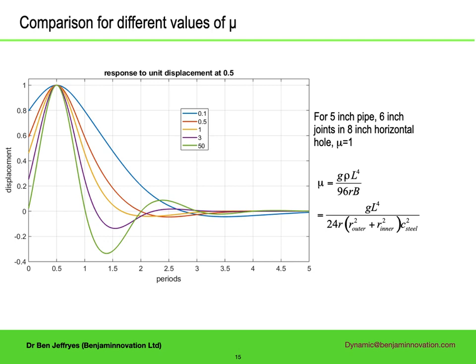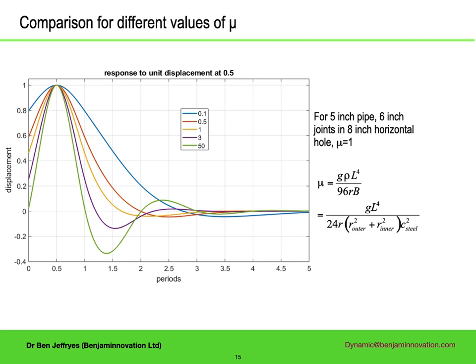As mu increases, the amount of deflection at the first touch point, and then in each span, decreases, until we reach a mu of 3, which is a minimum. For mu equals 50, i.e. practically fixed, the deflection in the first span is larger again.